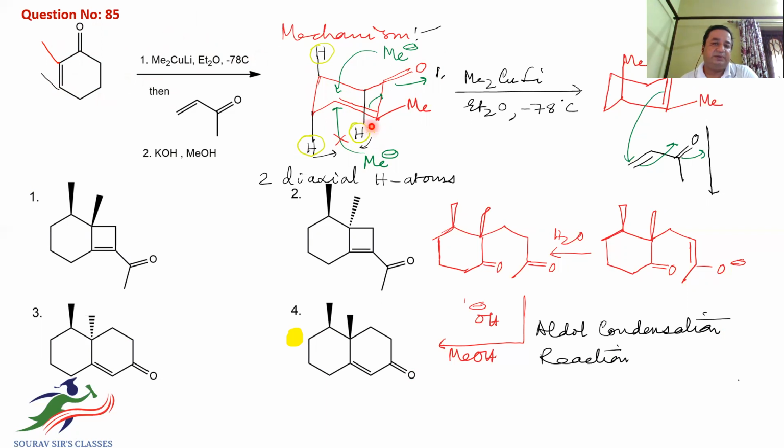then there are 2 hydrogens which will give it a 1,3-diaxial interaction, okay. And if it is approaching from here, then there is no such interaction. There is rather only 1 hydrogen to give you that interaction.